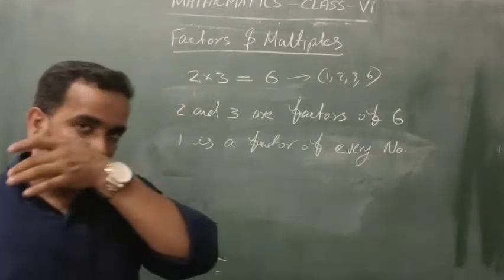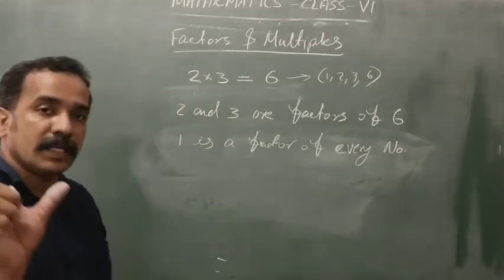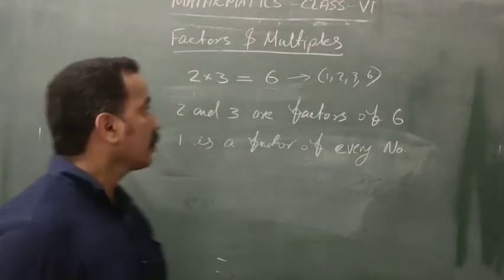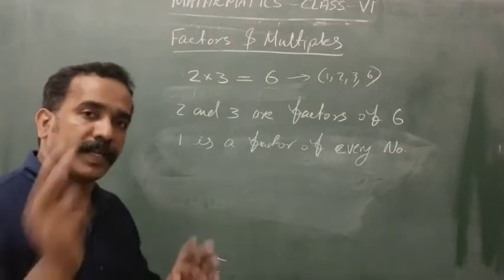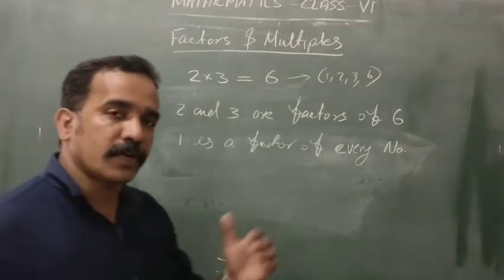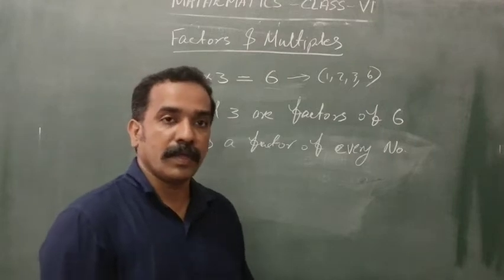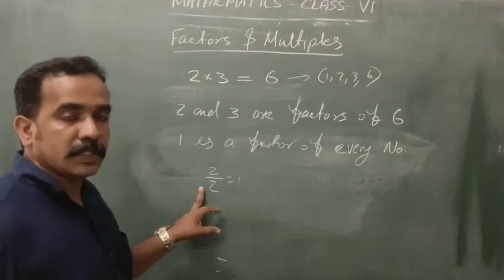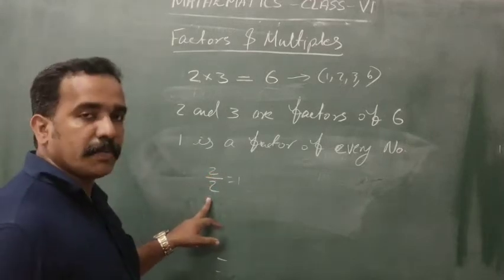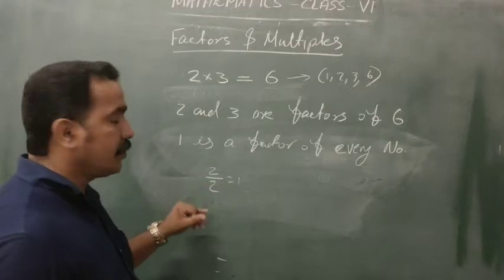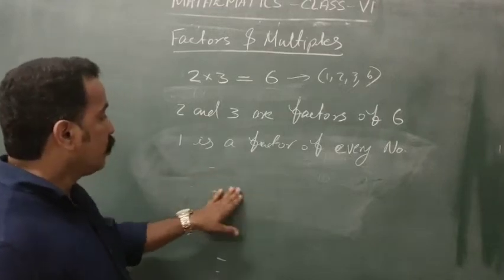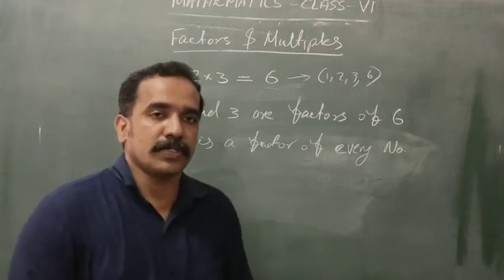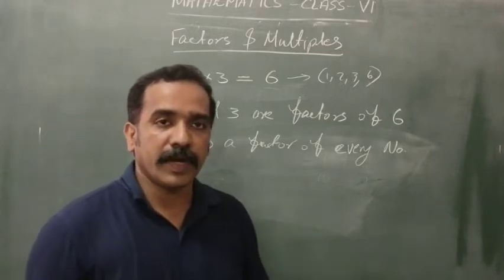1 is a factor of every number, and every number is itself a factor of that number. For example, 1 is a factor of 1 itself, and 2 is a factor of 2 itself. Why? We can divide 2 by 2 into 1. That means 2 is divisible by 2. We can divide 2 by 2 completely. So 2 is a factor of 2 itself, and 3 is a factor of 3 itself, because we can divide 3 by 3.